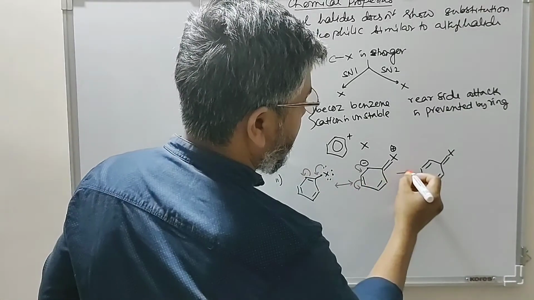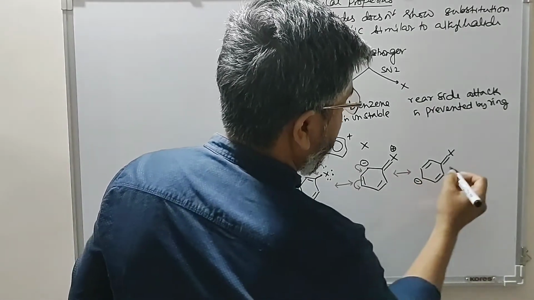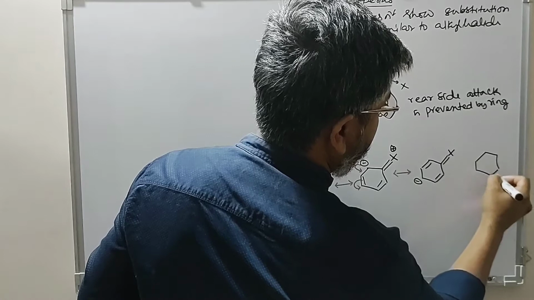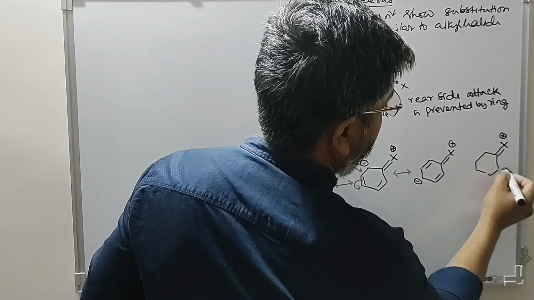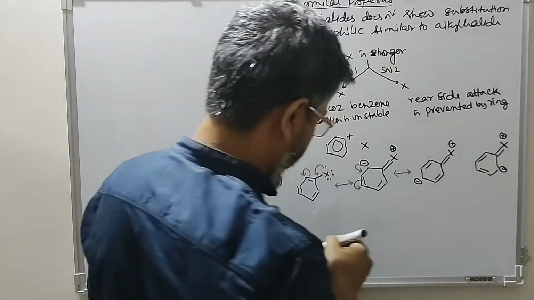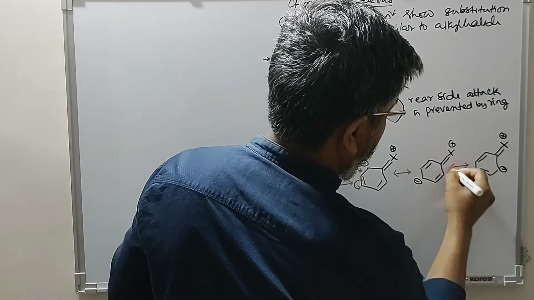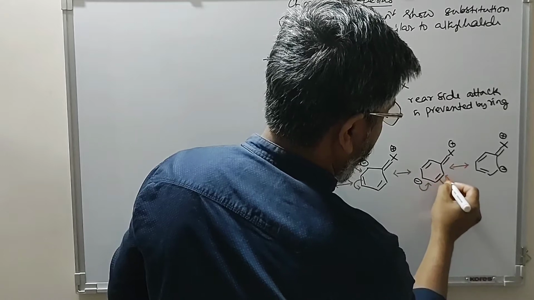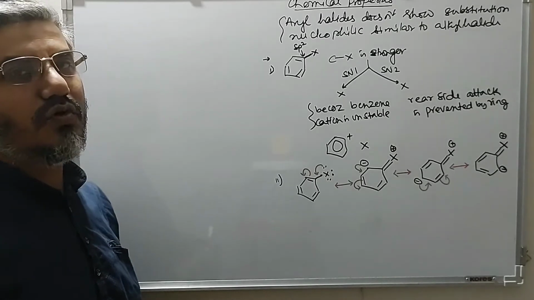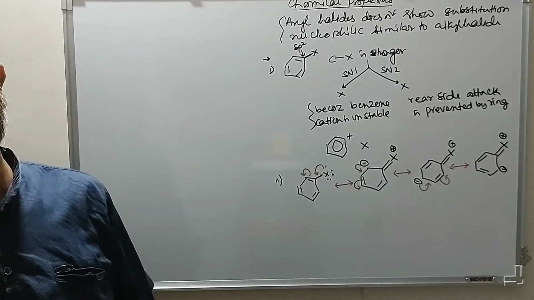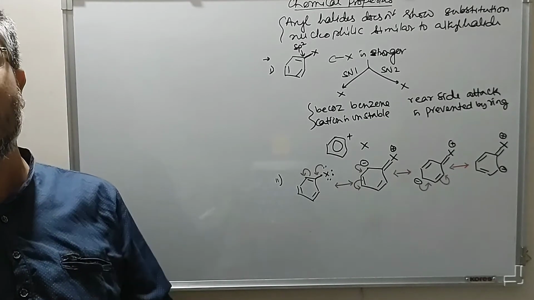So we have this structure, and then we have the final structure. So because of this resonance, the carbon halogen bond acquires partial double bond character. So again bond strength increases, so the tendency for breaking of this C-X bond is very less.